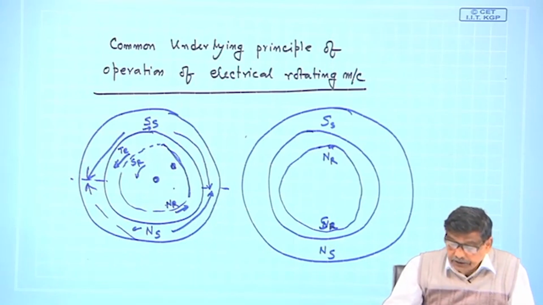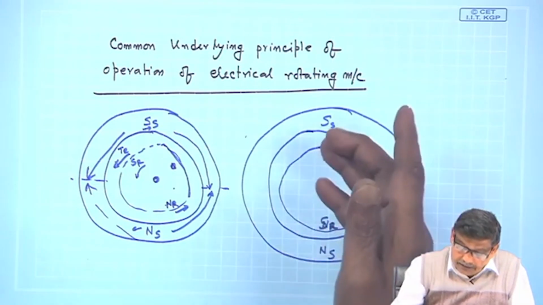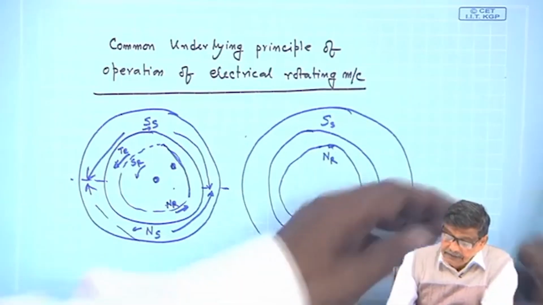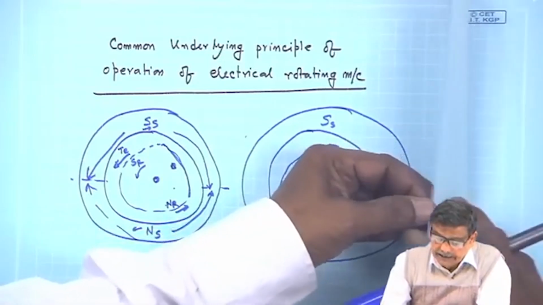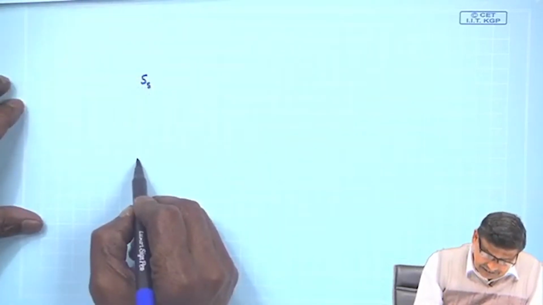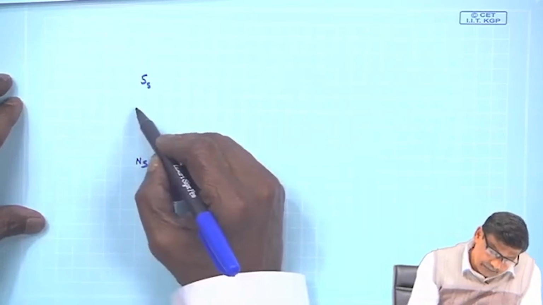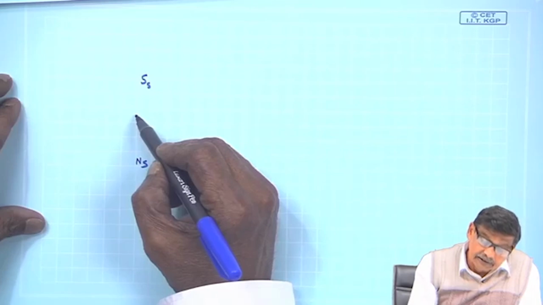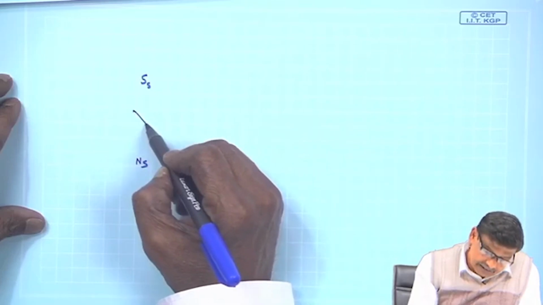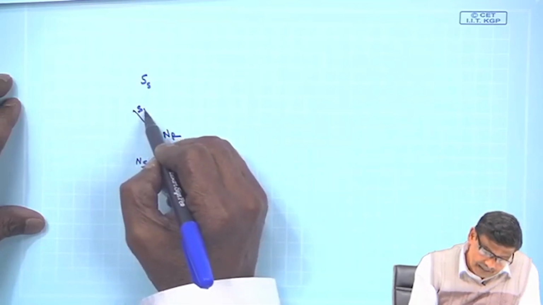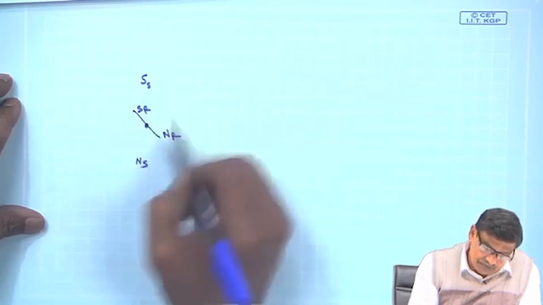Then what condition should I impose on stator poles and rotor poles? Let us examine it. It is very simple, but interesting at the same time. I will just simply now draw SS and NS here, okay? And suppose the rotor poles I draw like this, just by a line NR and SR, and it can move like this.